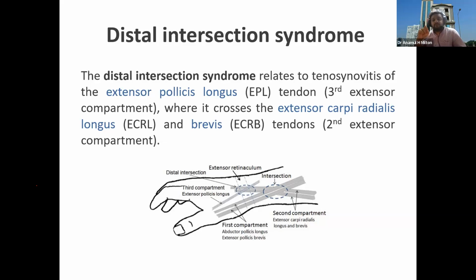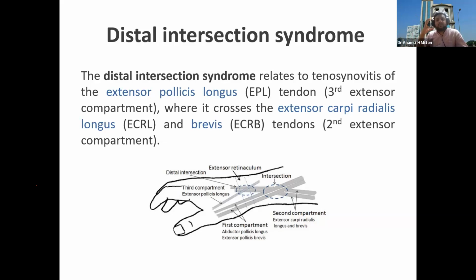is the first, second and third. The second is common to both, so when the second compartment tendon crosses the first compartment, that is the proximal intersection syndrome, and when the second compartment crosses the third compartment, we consider that the distal intersection syndrome.